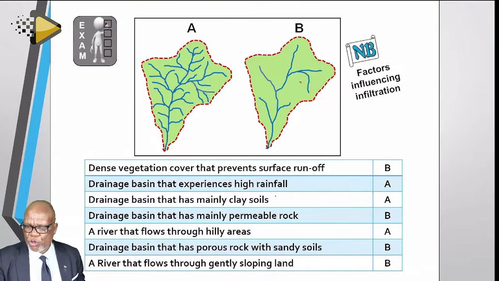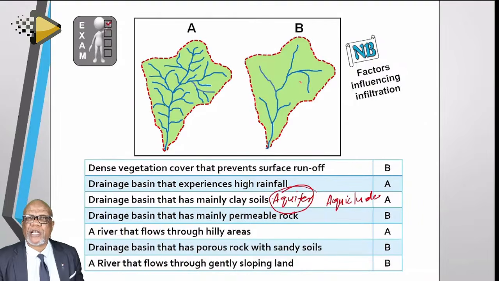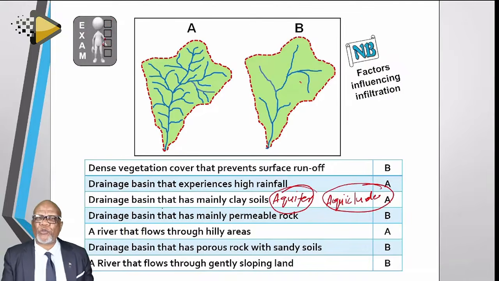So we have what we call an aquifer, and we have what we call an aquiclude. What is an aquifer? It's a surface that allows water to pass through easily. And what is an aquiclude? It is a surface that does not allow water to pass through easily.